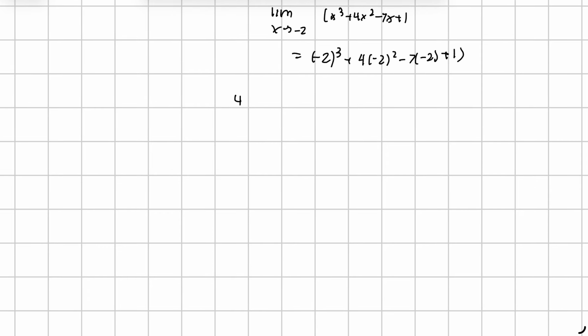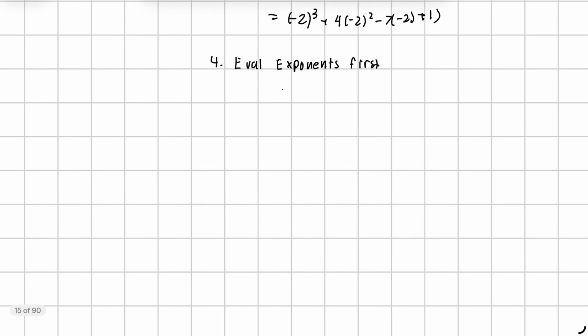Also, you always want to evaluate your exponents first, which means that you have to consider order of operations, right? So you have negative 2 cubed equals negative 8. Negative 2 squared is equal to 4. So you can rewrite that as negative 8 plus 4 times 4 plus 14 plus 1.